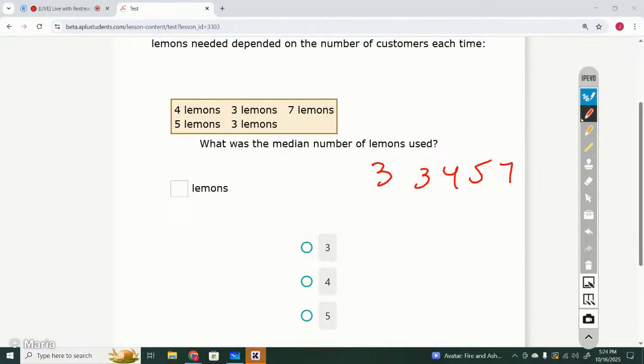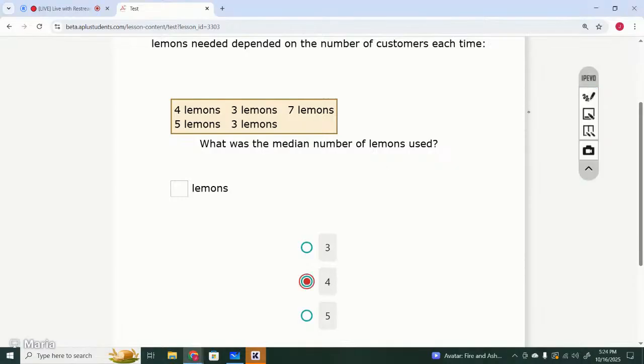Yes, 4 it is, very good. Option number 2 is the correct option.